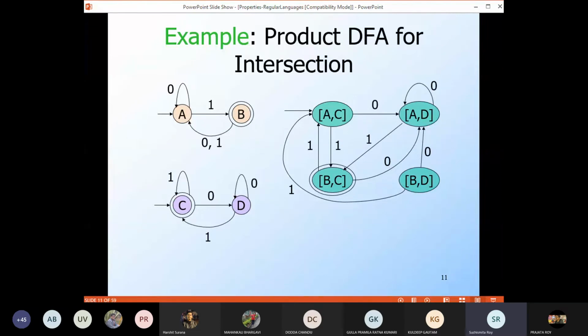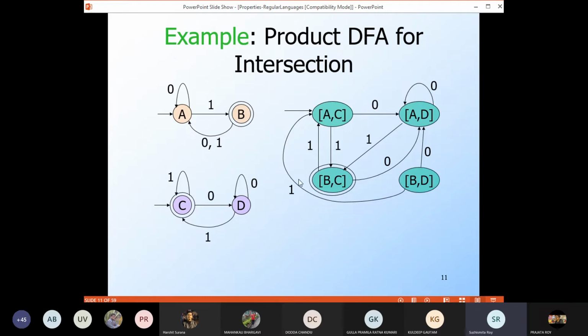This product DFA basically simulates both the DFAs, the first and the second, in parallel. For any input symbol, say from state B on input 0 you go to A, and from state C on input 0 you go to D. So from BC on input 0 you go to AD.